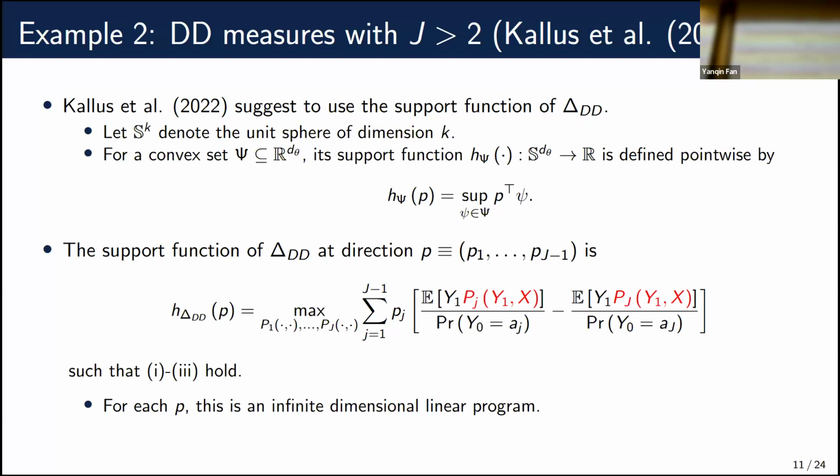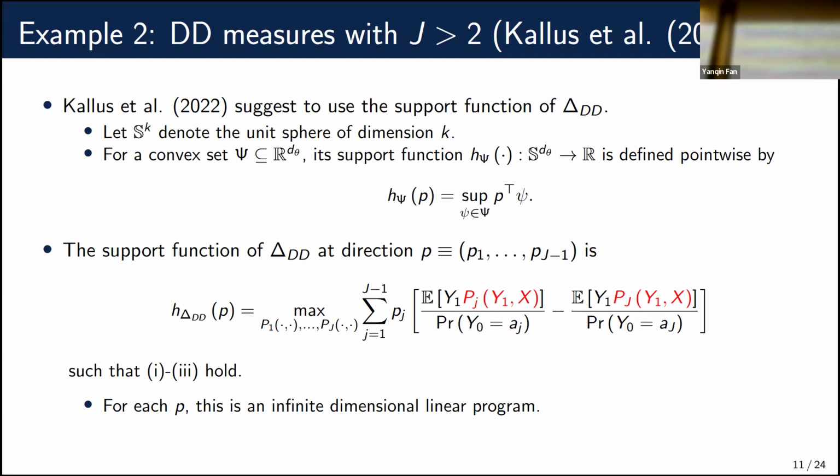It is a linear programming problem, but in fact not an easy one: it's an infinite dimensional linear programming problem. So they suggest to numerically compute the support function at different directions, and then another algorithm to use the support function to compute the identified set.